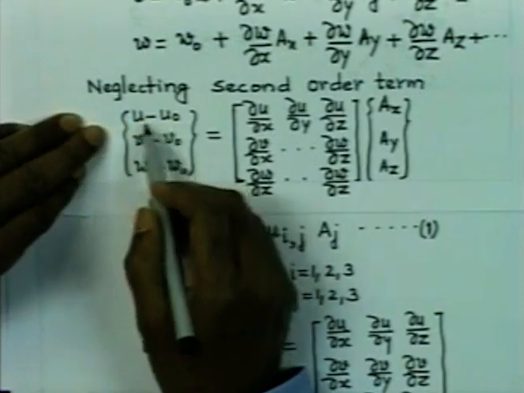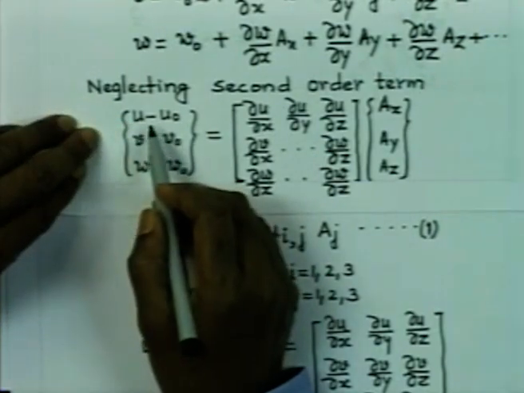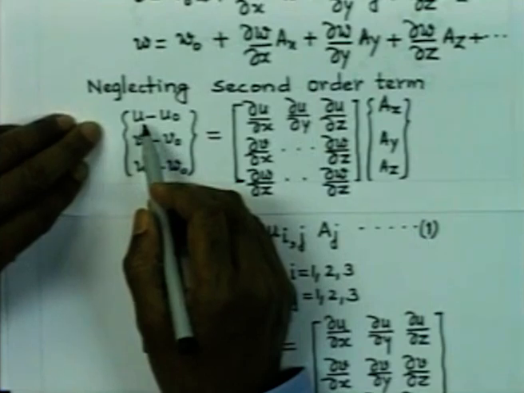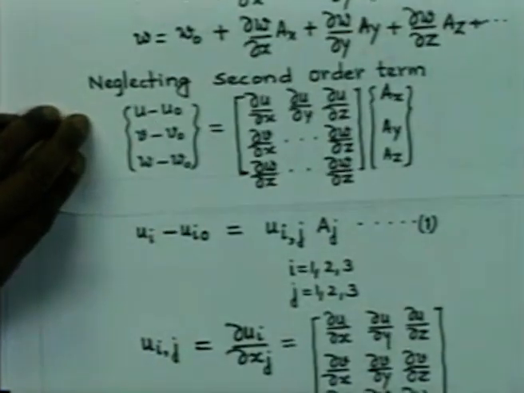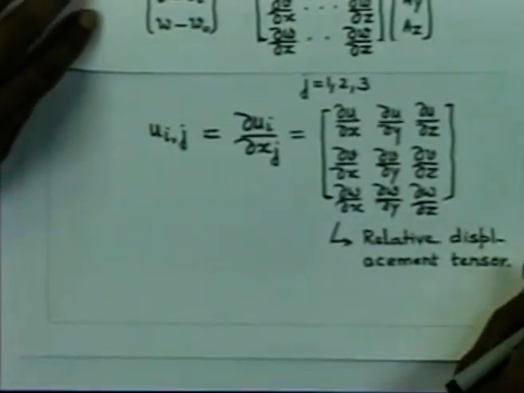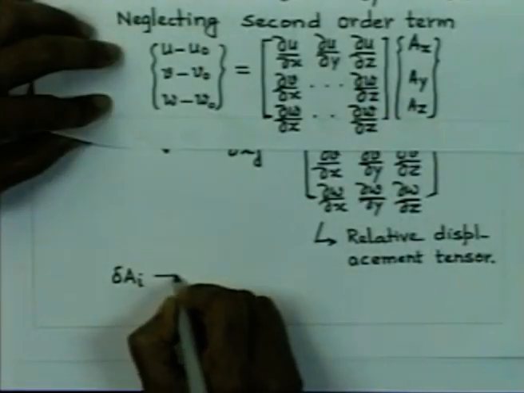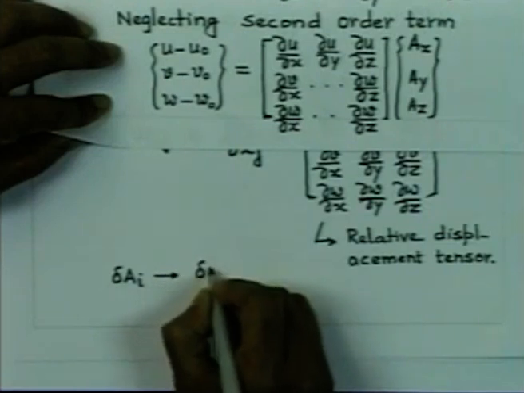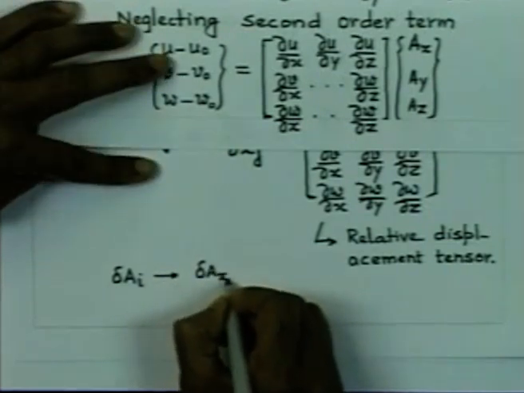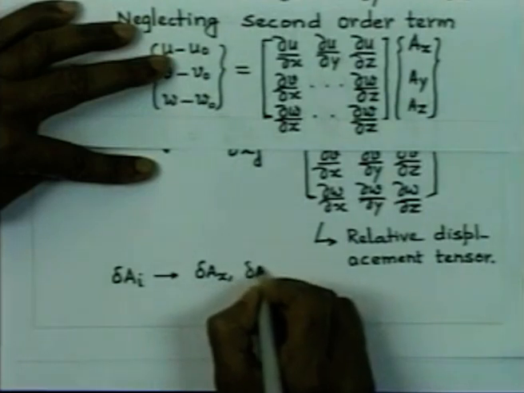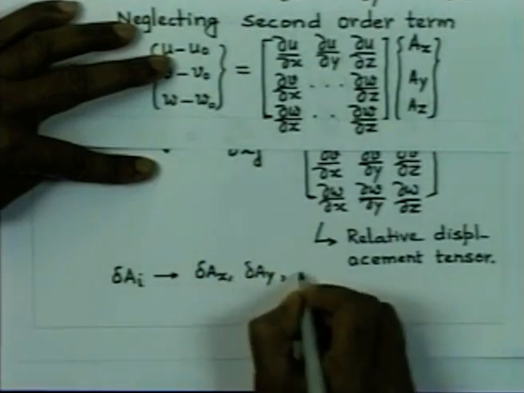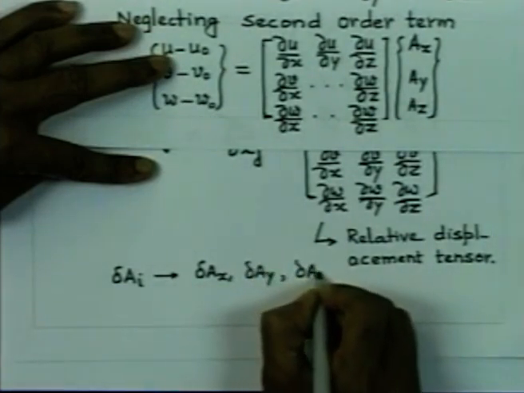So, therefore, in the x direction there is a change in the length u minus u0. So, the change in the length of the distance PQ, if we indicate by delta ai, then we will have the components of the change as delta ax, delta ay and delta az.